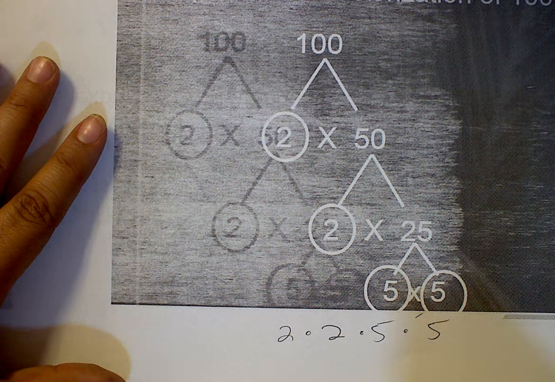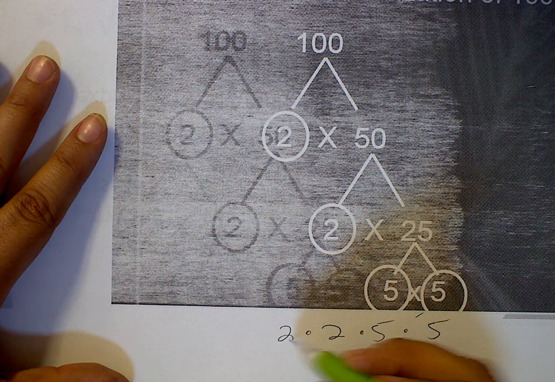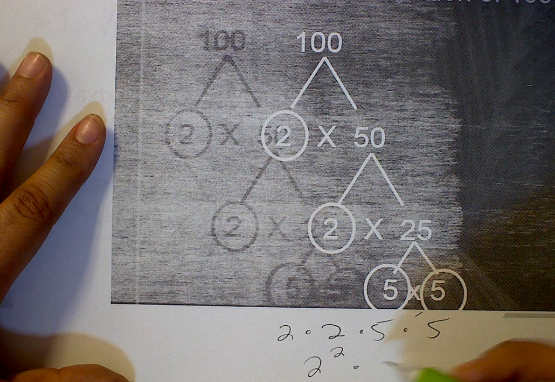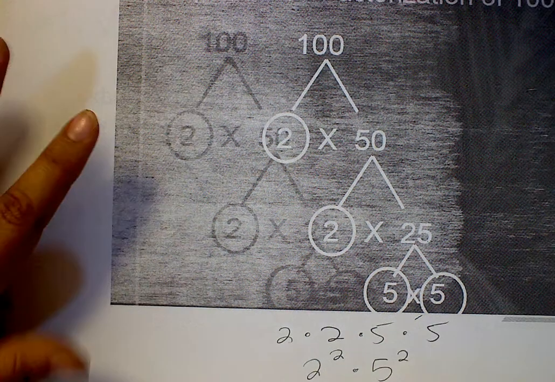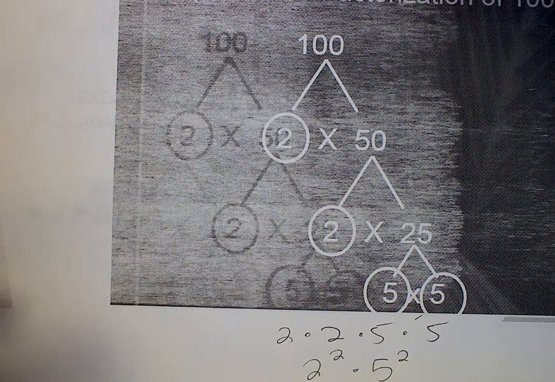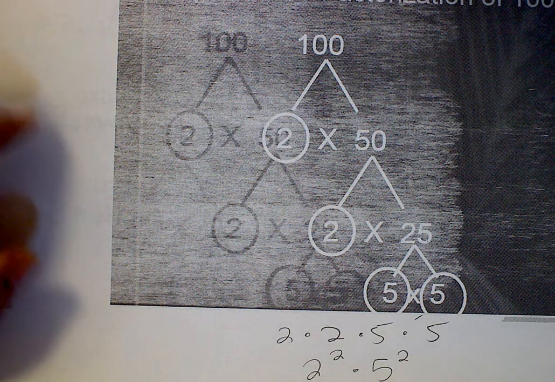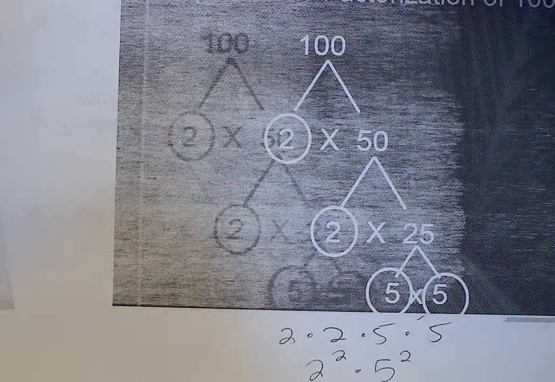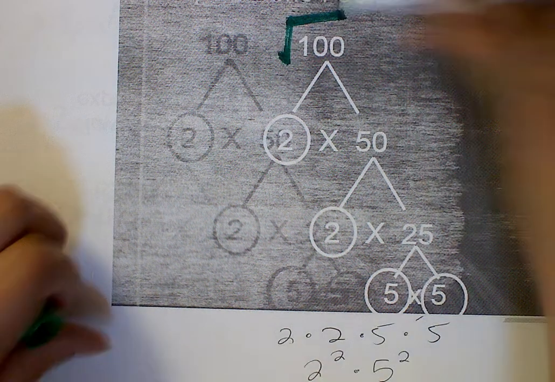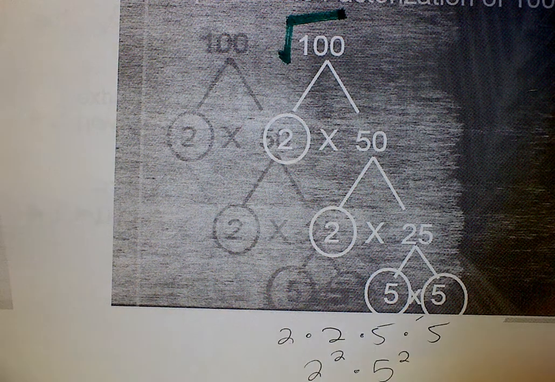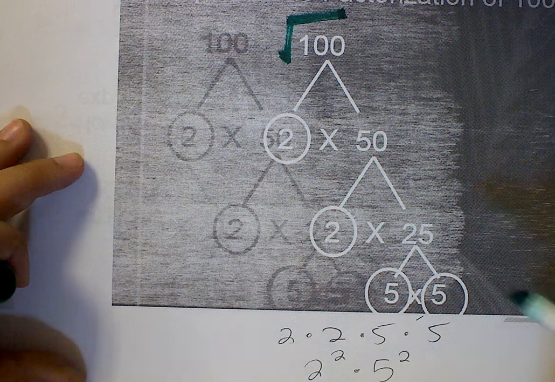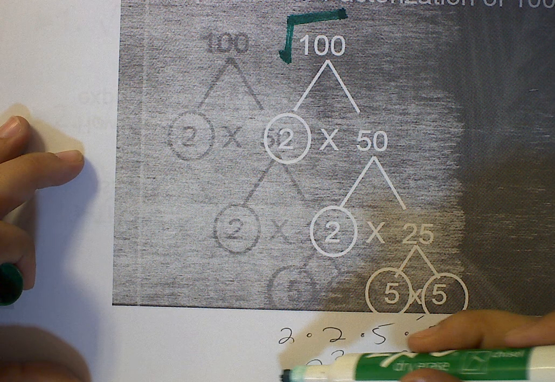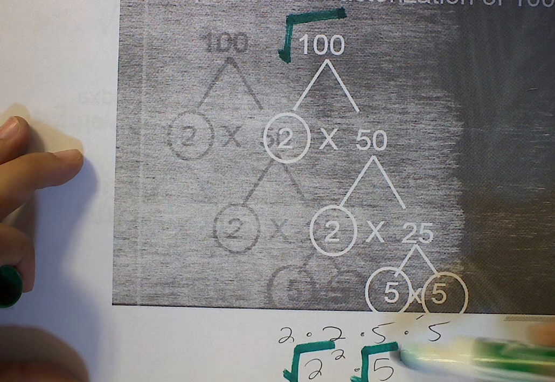So 2 times 2 is the same thing as 2 squared, and 5 times 5 is the same thing as 5 squared. That would technically be the answer if we were just breaking down the prime factorization for 100. Now, if I put a radical there, I'm still going to do this process the exact same way. The only thing that changes is that at the very end, whatever my answers are will also have radicals.